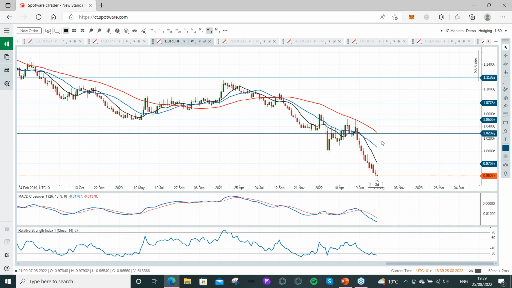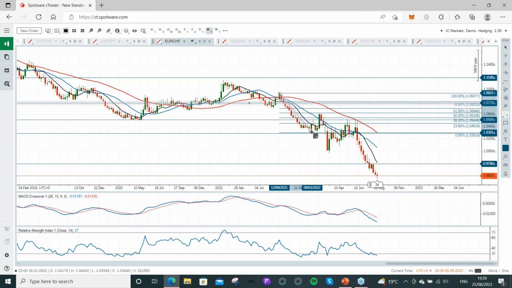Let's have a look at Euro Swiss as an example as well of Fibonacci. Basically, any trending market, you can just have a go at putting the Fibonacci on and seeing this here is a 50% retracement. That also just about coincides with that area between the 10 and 20 moving averages.